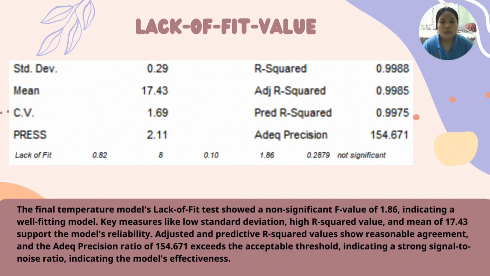Key metrics like low standard deviation, high R-squared value, and a mean of 17.43 support the model's reliability. The adjusted and predicted R-squared values show reasonable agreement, and the adequate precision ratio of 154.671 is acceptable, showing a strong signal-to-noise ratio, indicating the model's effectiveness.